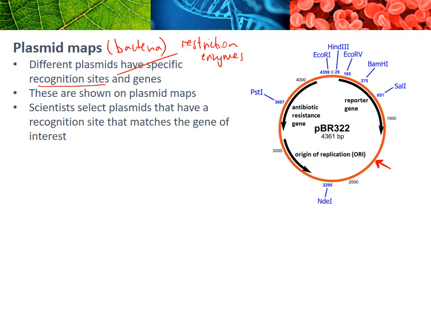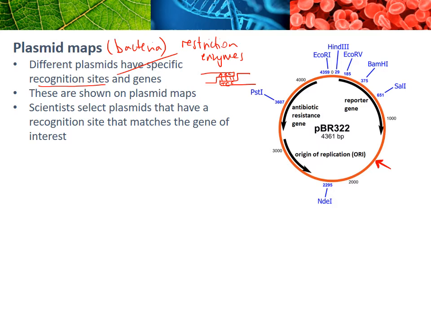Remember, we looked at restriction enzymes and how they cut with these sticky ends, and the sticky ends will only line up with each other if they match, if we've got the same complementary bases on either side. Okay, so we need to use the same restriction enzyme for the gene and for the plasmid.